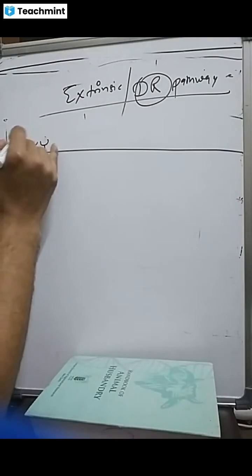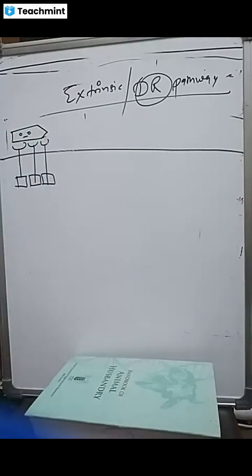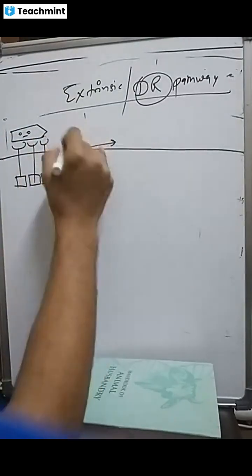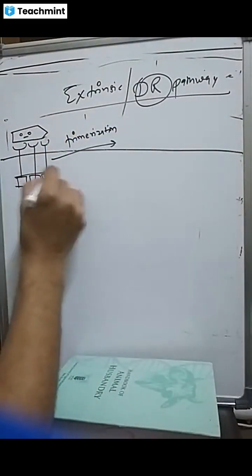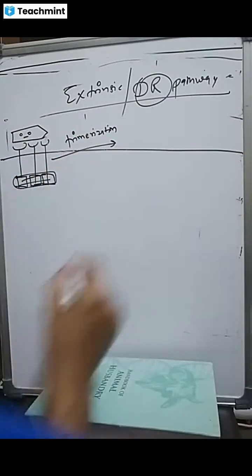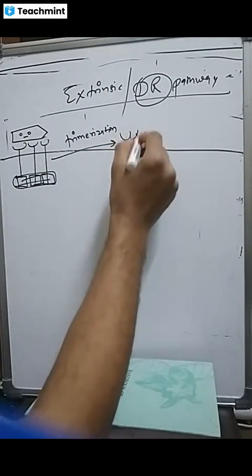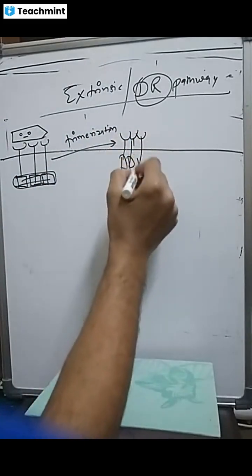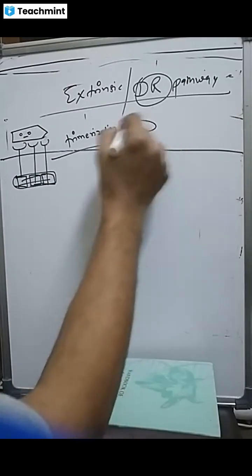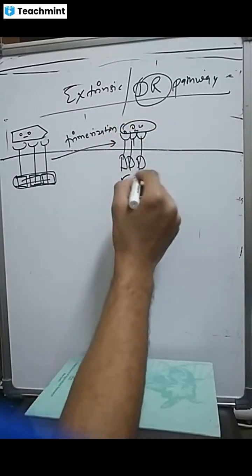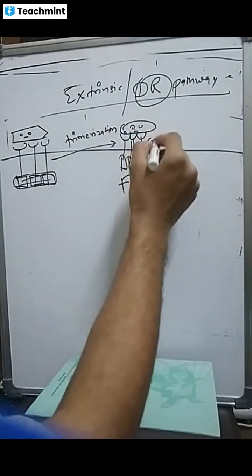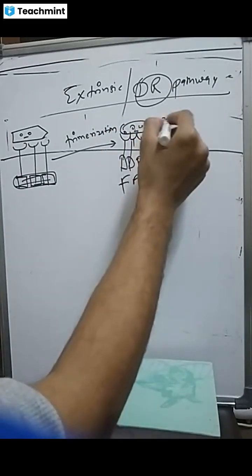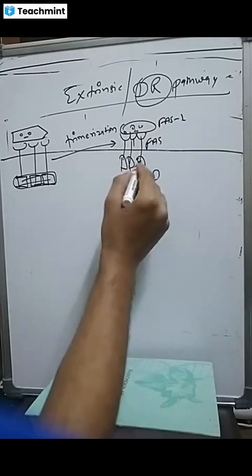When they combine with ligand, these molecules will undergo trimerization. They form a trimer. After trimerization, they will form FADD. This is the FAS receptor and this is FAS ligand, and these are death domains.